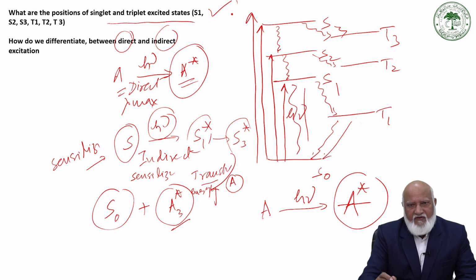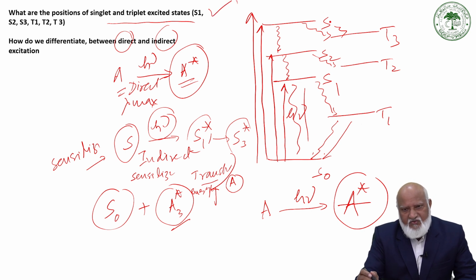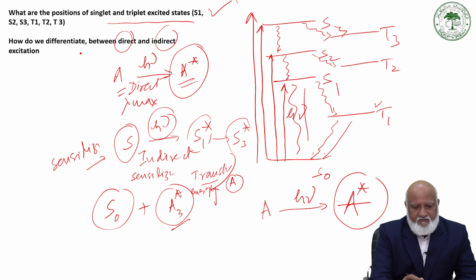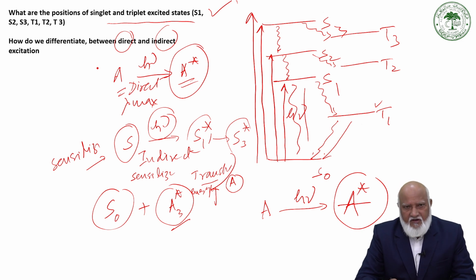So now we have already answered the positions of S1, S2, S3. We have also looked at the positions of T1, T2, T3. We have also looked at how this excitation can take place, either by direct excitation, where the molecule directly absorbs light and goes to an excited state, and for this we must know the lambda maximum so that we give proper light for maximum absorption.